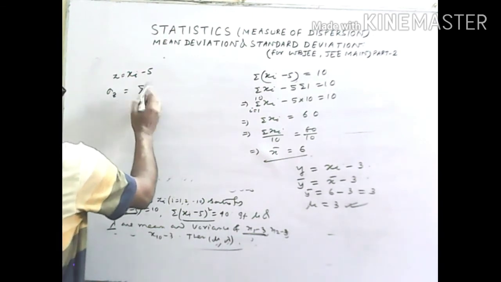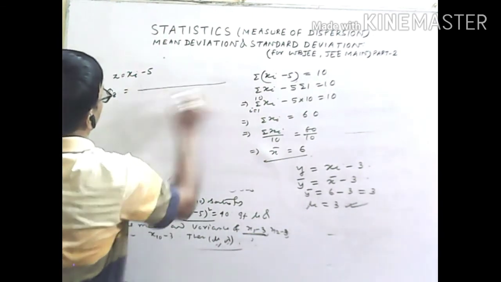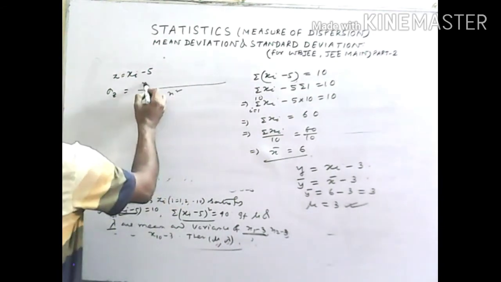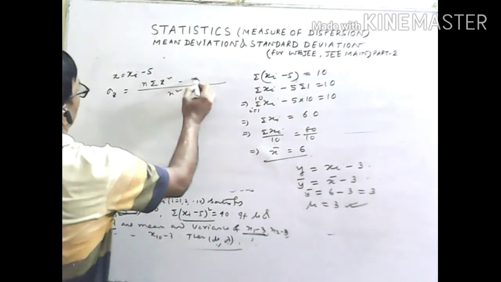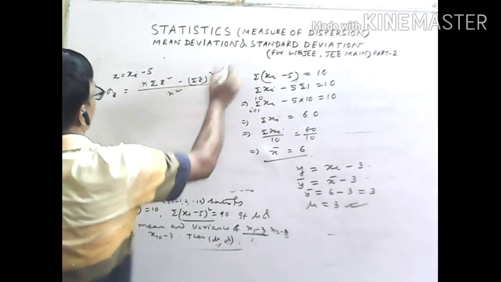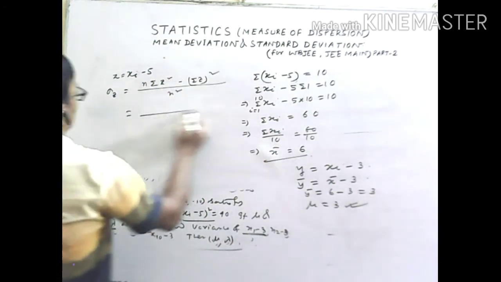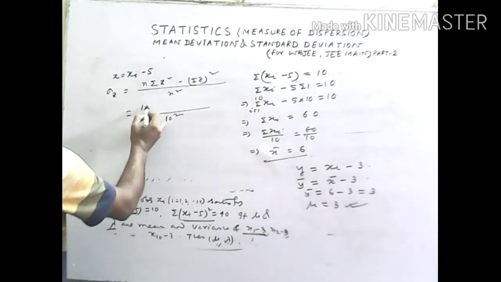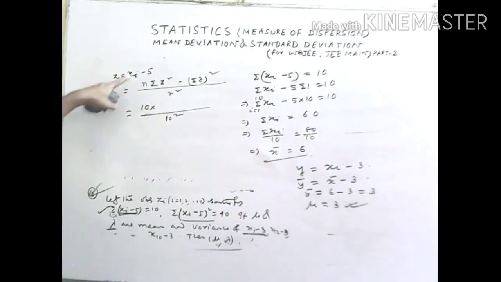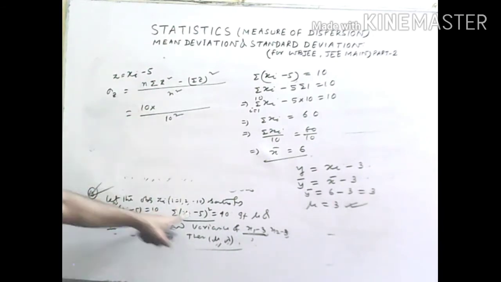Summation of, so write n square: n into summation z square minus summation z whole square. Now n square, this is 10 square, n is 10. So summation z is xi minus 5 whole square.